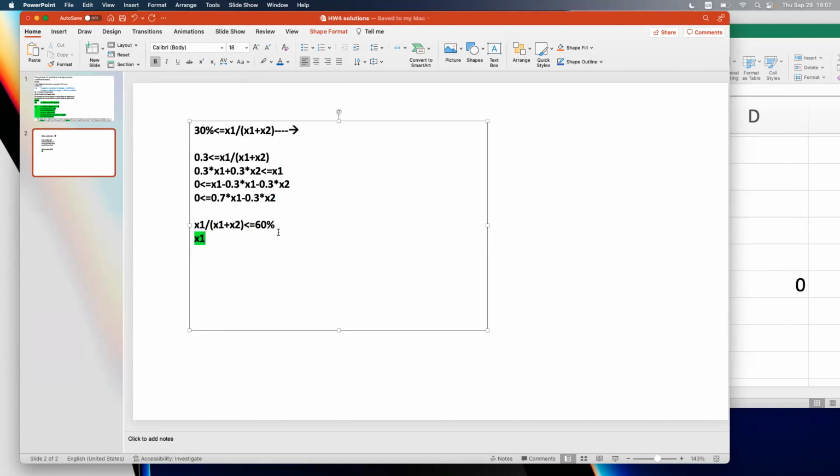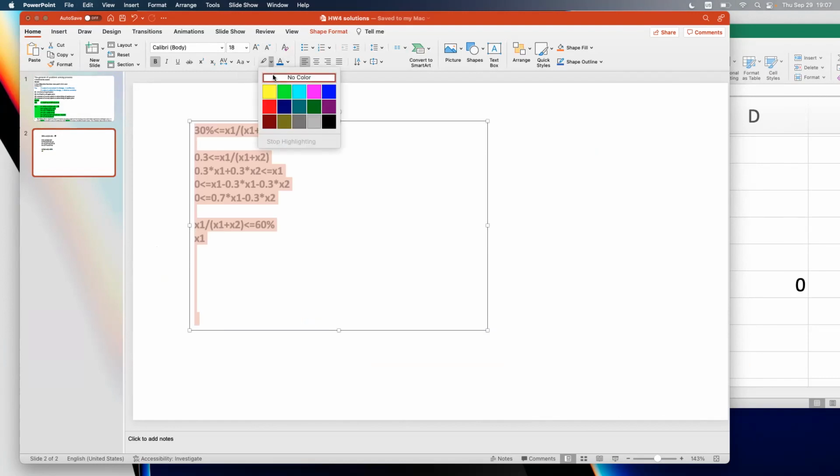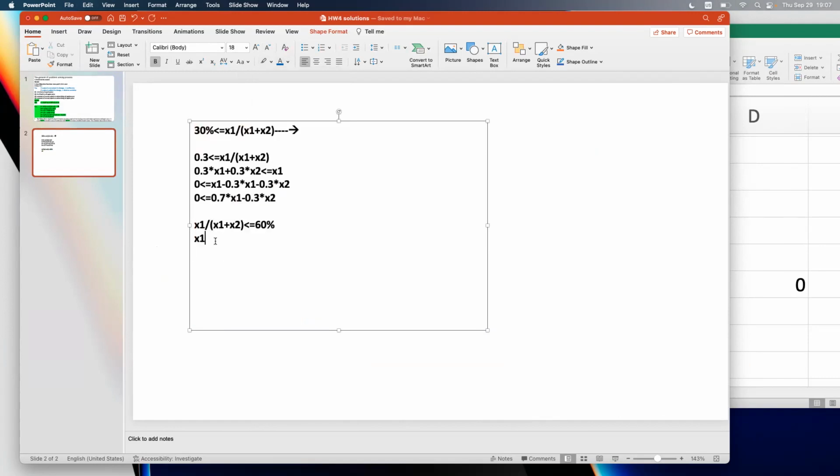So x1 is going to be less than or equal to 0.6 times x1 plus 0.6 times x2.